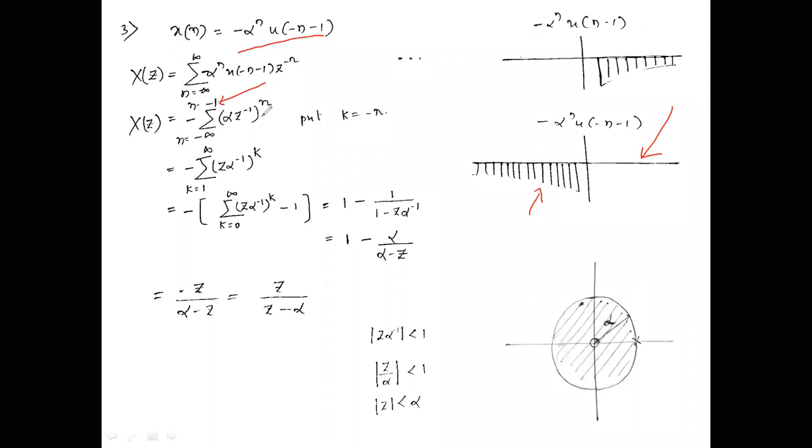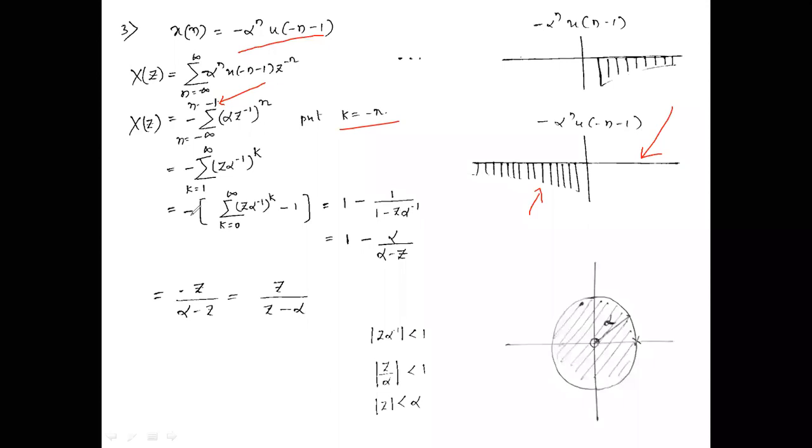The formula remains the same, and the minus sign is part of the question. We put k equal to minus n, so that the expression now goes from 1 to infinity. Which formula shall we use? We use the formula for 0 to infinity, then subtract 1 from it, because z into alpha to the power 0 is the first value of the 0 to infinity sum. If we subtract that value, we get this particular term only.